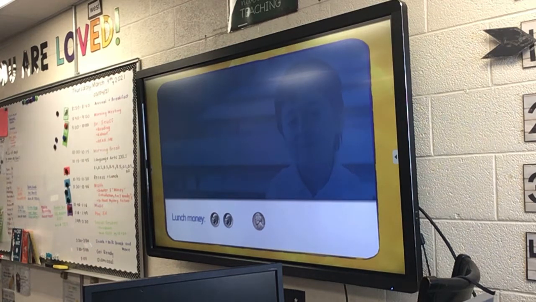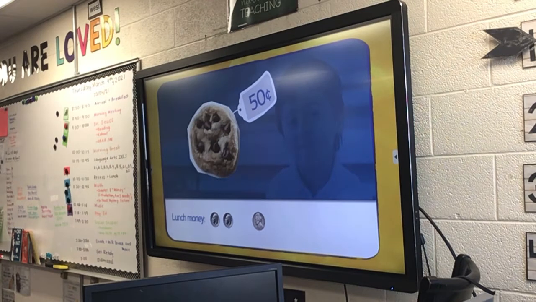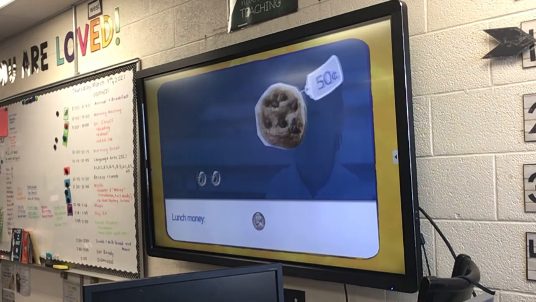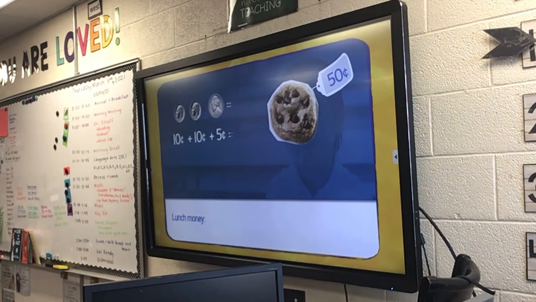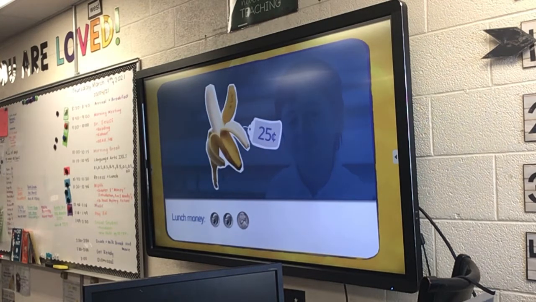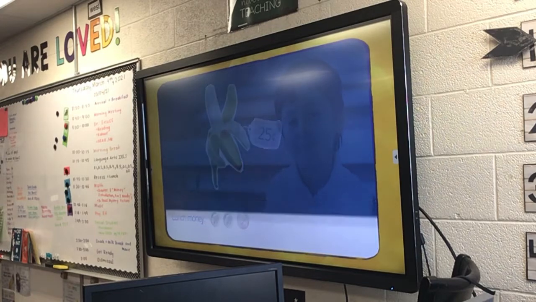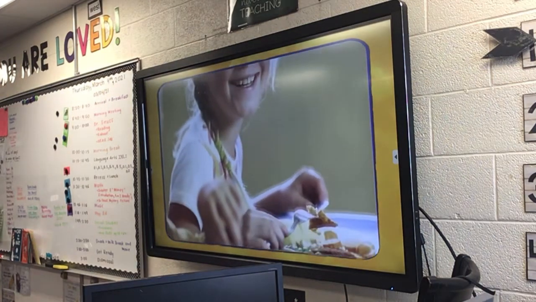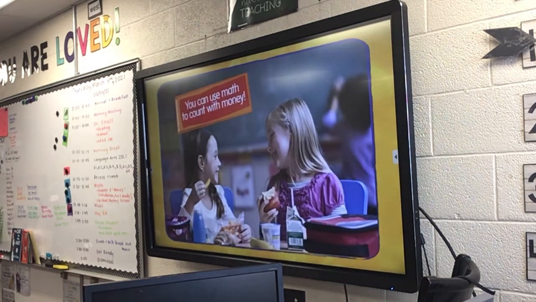Does that give you enough left over to get a cookie too? Uh-oh, it looks like you'll have to pick something else instead. 2 dimes and a nickel only add up to 25 cents, and that's 25 cents less than the cost of a cookie. That's okay, a banana costs less and is better for you anyway. I knew you'd like it. You can use math to count with money. You should let everyone know.